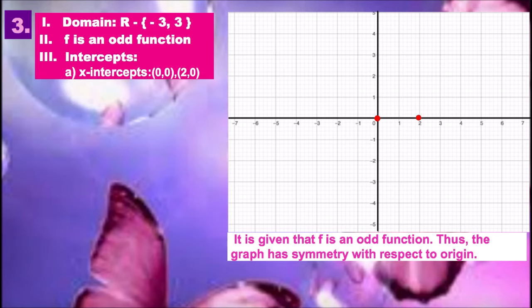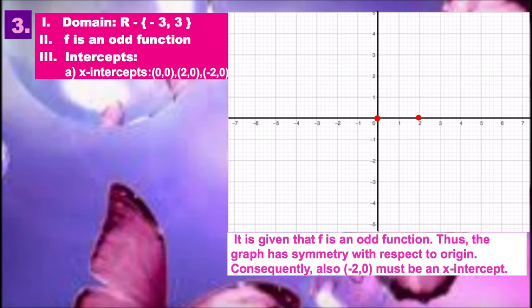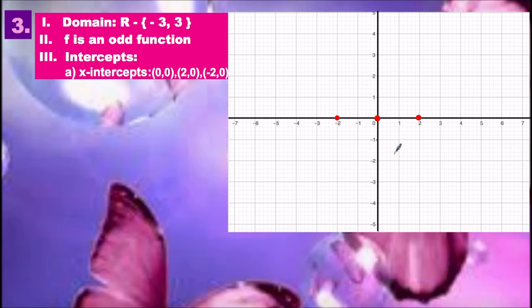Thus, the graph has symmetry with respect to the origin. Consequently, also point of coordinates (-2, 0) must be an x-intercept, and we denote that as shown. Our y-intercept is point of coordinates (0, 0).